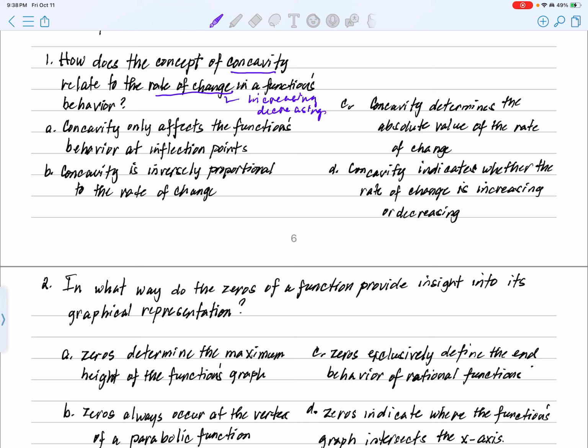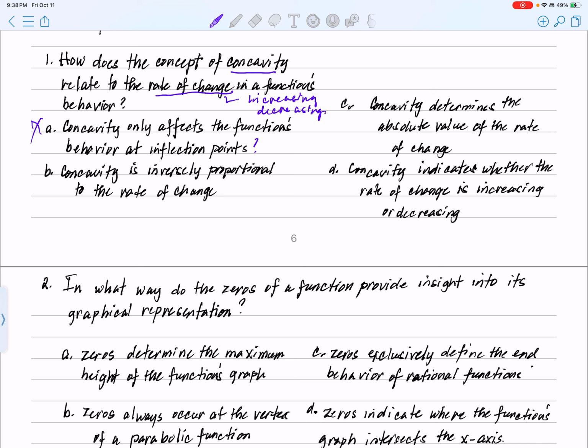So let's look at A. Concavity only affects the function's behavior at the inflection points. You would say, oh, inflection point. This is not the one. The inflection point is a different thing. That point divides the concave up or concave down. But it's not talking about the rate of change.